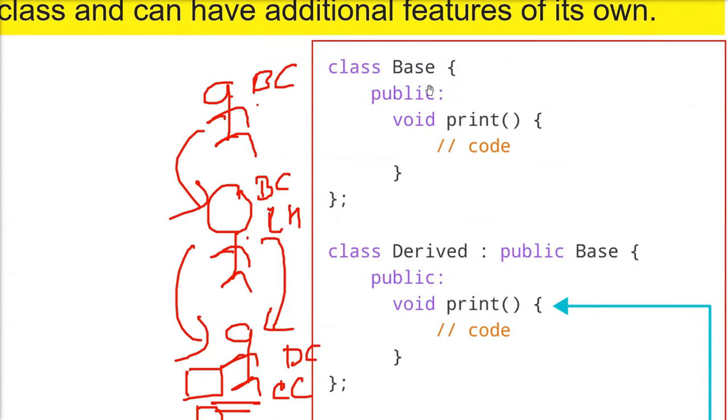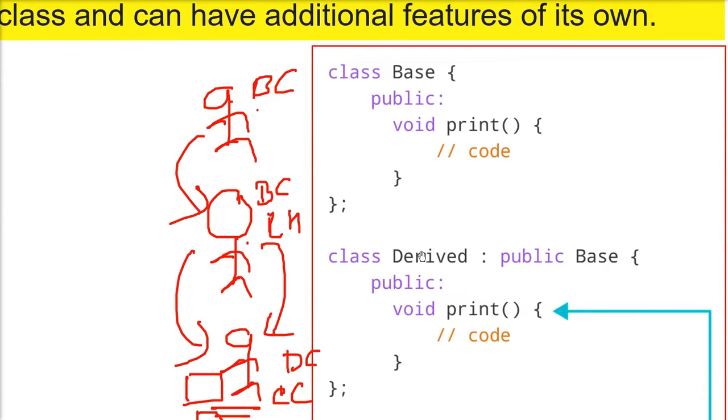Okay. Now this is the base class. We have a print function. Then you made a derived class which is inheriting base. Okay. So both the functions are same here. This is also an example of overriding, because it is not always that the function of the base class is used, because already this is there with you, but you can write your own code for the same function also.